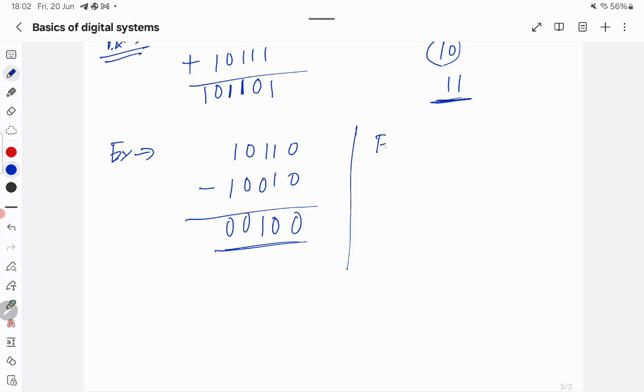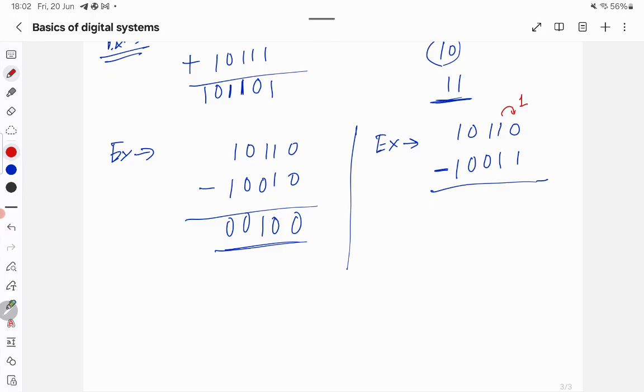Suppose we have 1 0 1 1 0, and this is subtracted by 1 0 0 1 1. So how will you do this? Here 0 minus 1 you cannot do, so you will carry 1 from here.